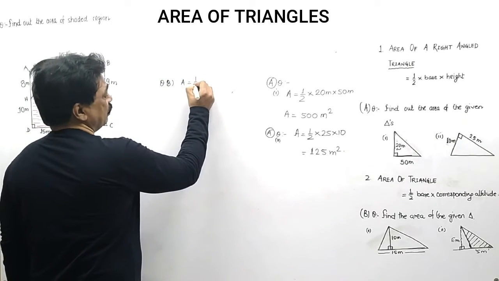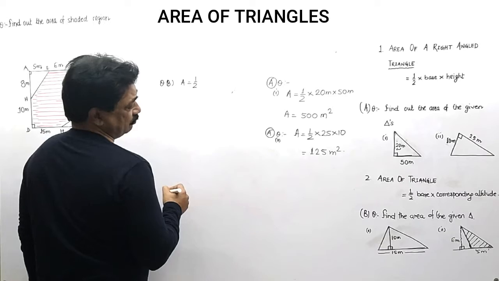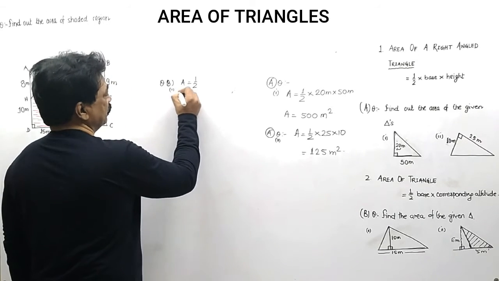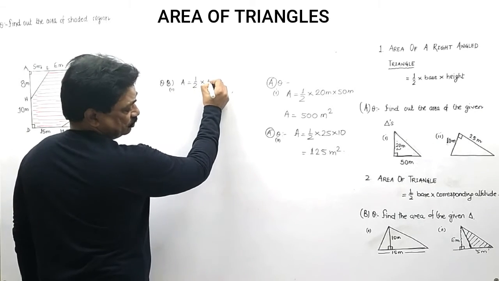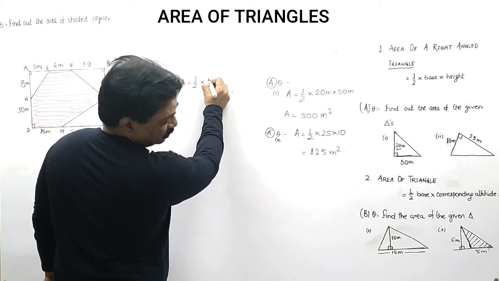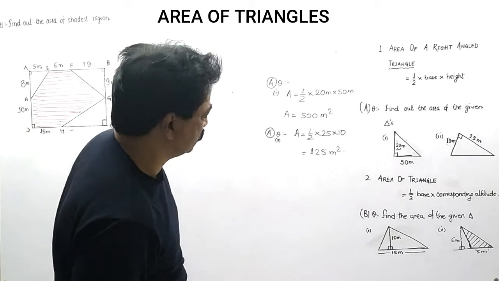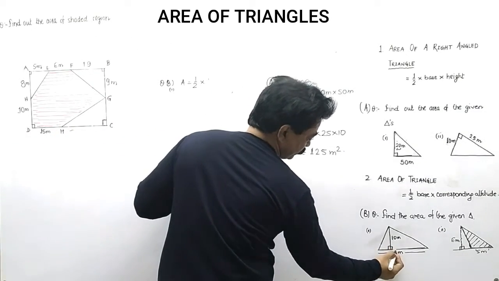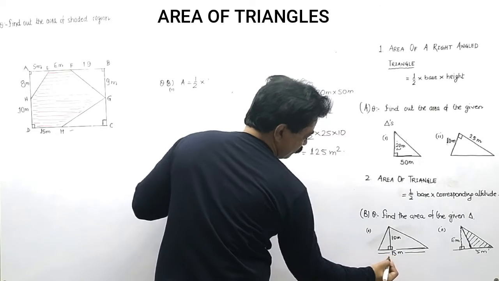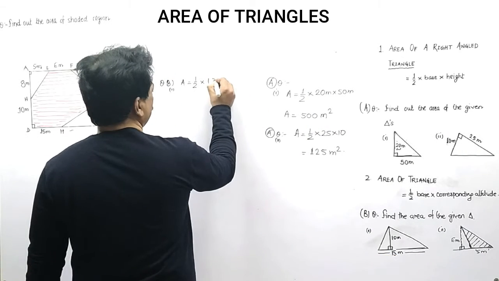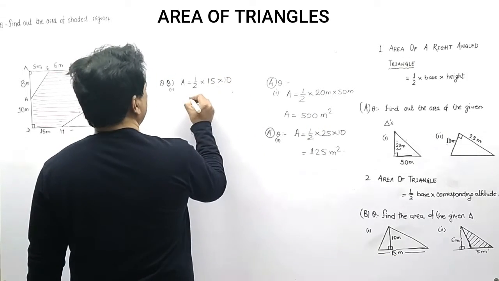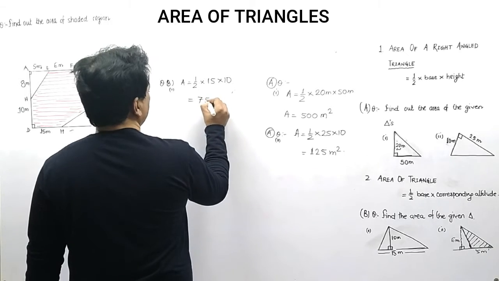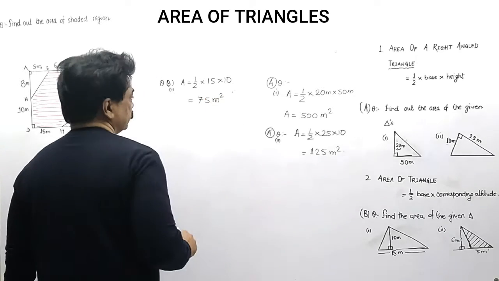Area will be equal to half base, that is 15 meter, into 10, so half of 15 into 10, that is 150 by 2, so 75 meters square.